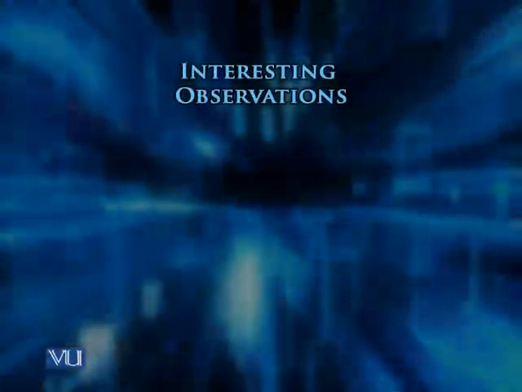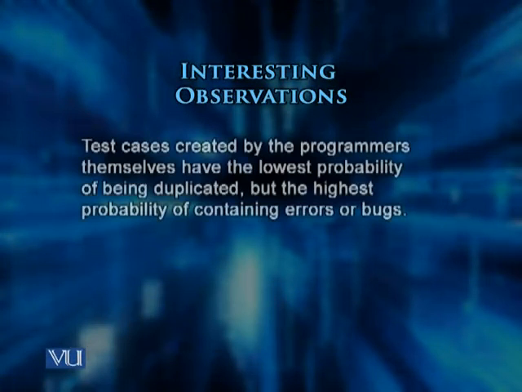Let's now talk about some observations regarding test cases. Test cases created by programmers themselves have the lowest probability of being duplicated, but the highest probability of containing errors or bugs.